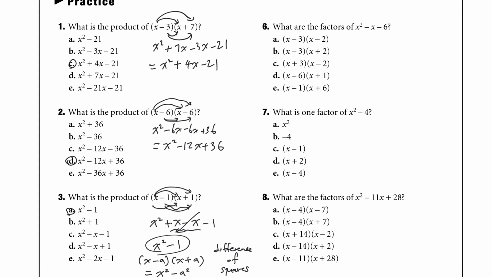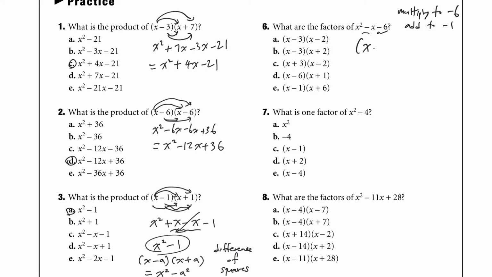Question number 6. What are the factors of x squared minus x minus 6? Factoring, so you have to find two numbers that multiply to give you negative 6, and add to give you negative 1. Multiply to negative 6, add to negative 1.